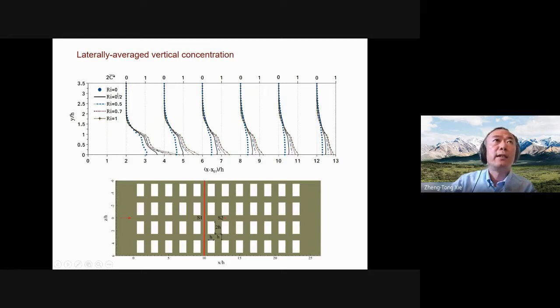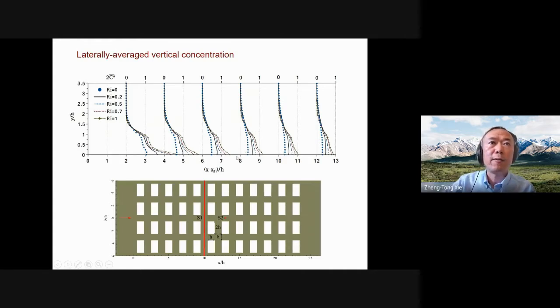So these are different locations on the non-street, but the span is averaged across the spanwise direction. That means we can get smoother data to understand the stratification.